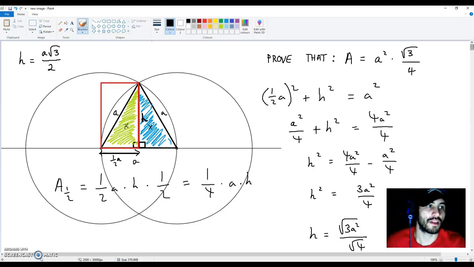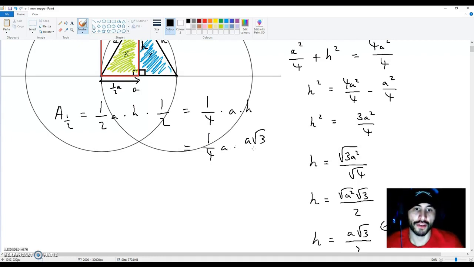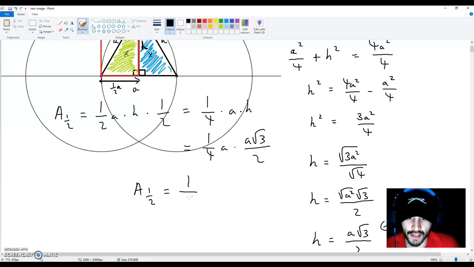However, we know that h is equal to a multiplied by root 3 over 2. This means that half the area of the equilateral triangle is equal to 1/8 times a squared times root 3.